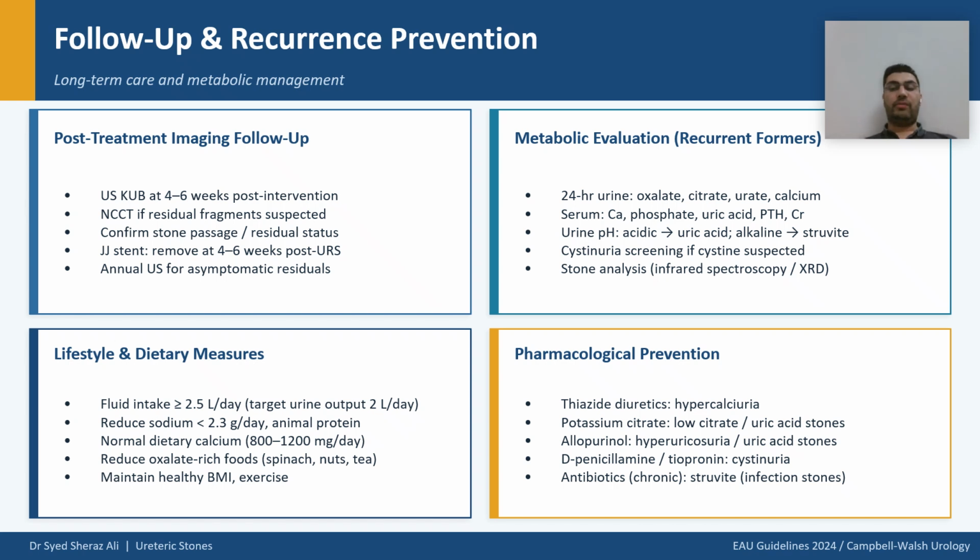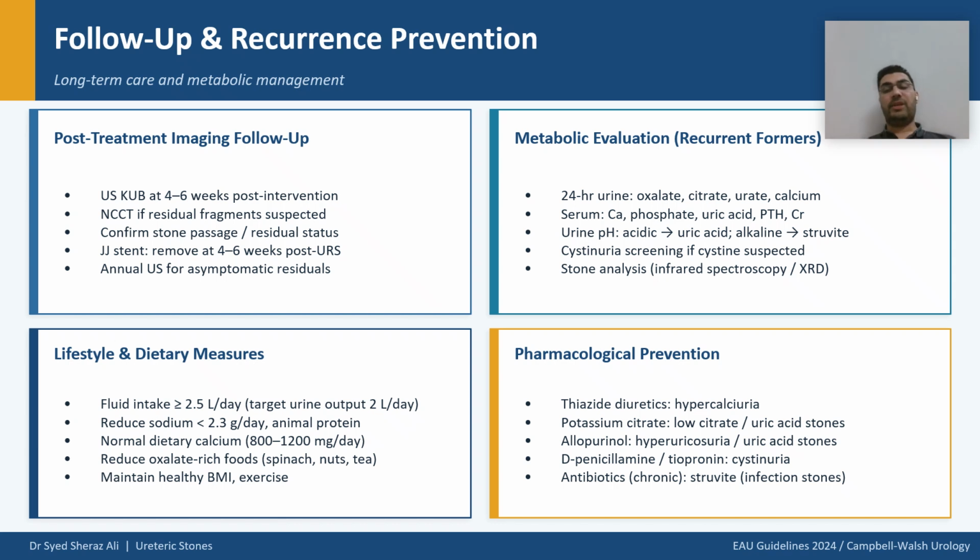Now, the metabolic evaluation for recurrent stone formers. A detailed metabolic evaluation is essential. This includes 24-hour urine collection, measuring oxalate, citrate, uric acid, and calcium. Serum investigation should include serum calcium, phosphate, uric acid, parathyroid hormone, and renal function.